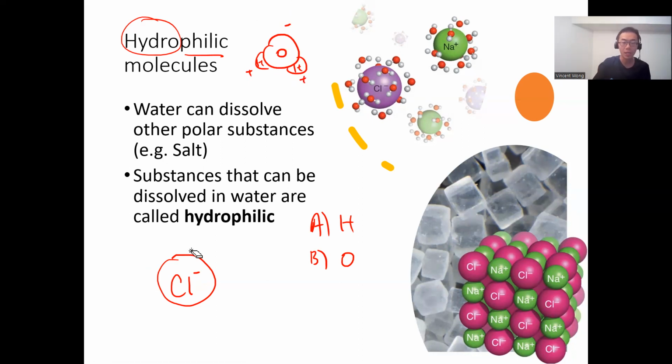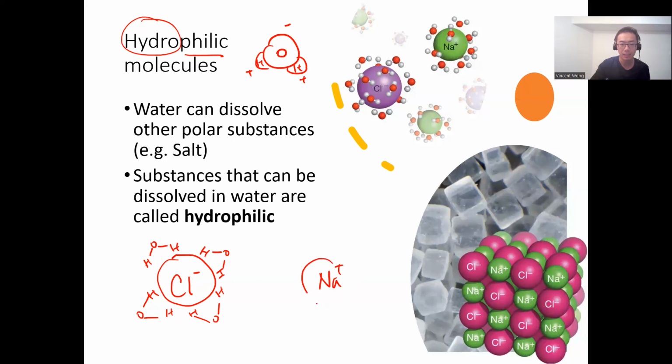So when you dissolve sodium chloride in the water, the hydrogen is the part that will be kind of huddling around the chlorine because opposite charges attract each other. Okay. And on the other side, for the sodium, which is positive, the oxygen will be surrounding it.